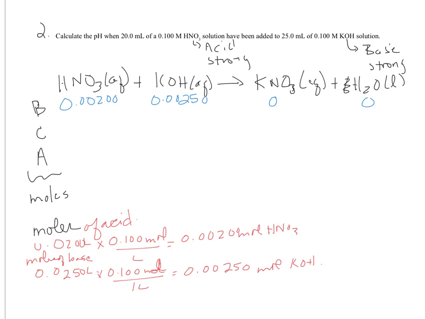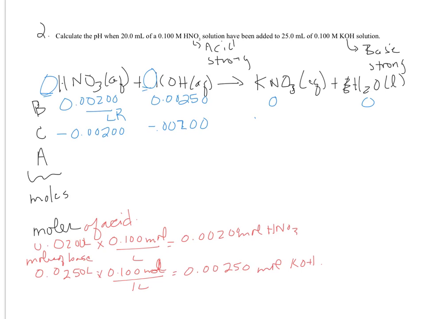Hopefully you can see that the acid is your limiting reactant. So this is as many moles as can react. Because it's a 1-to-1 ratio, looking again at the balanced chemical equation, the number of moles of potassium hydroxide that are going to react are the 0.002 moles.